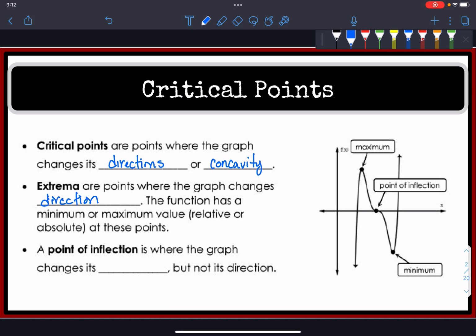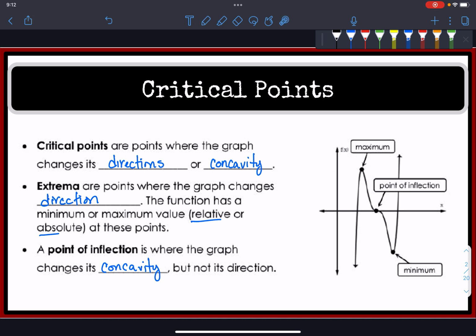The function changes its direction as a result of having a maximum or minimum value, whether it's relative or absolute, which we'll talk about in a second. Those are referred to as extrema. And like I mentioned, the point where the graph changes its shape and its concavity is referred to as the point of inflection.